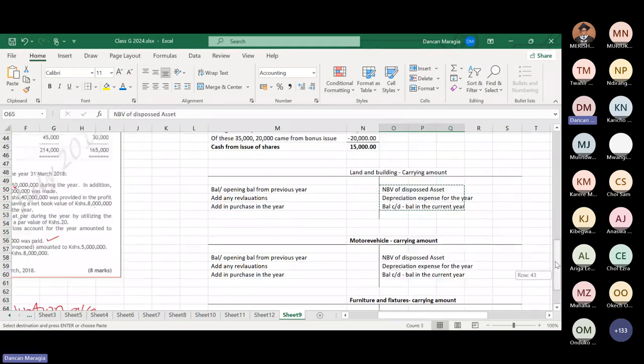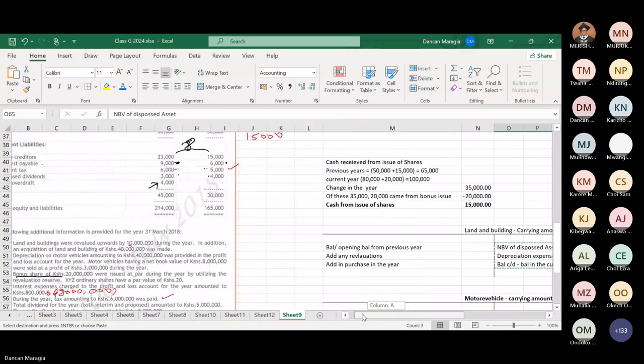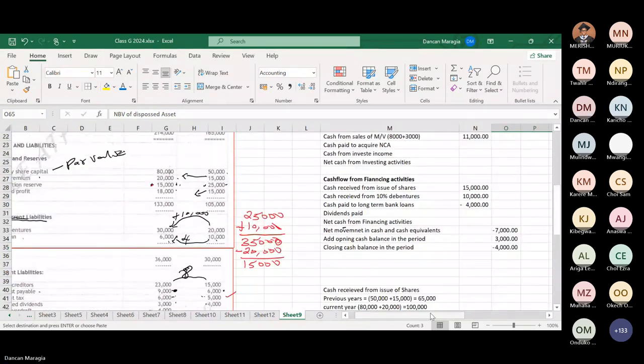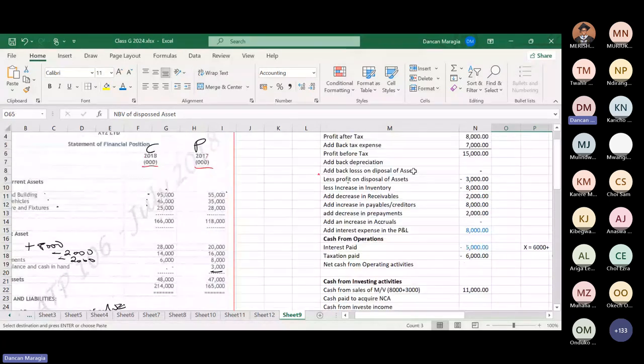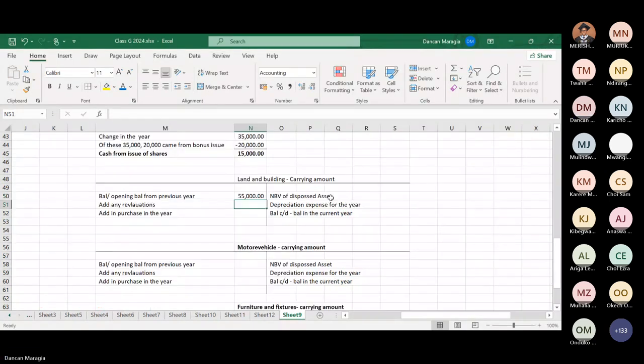So we start with land and building, and we check what the missing figure is. In the previous year, land and building was 55. In the current year, it's 95.